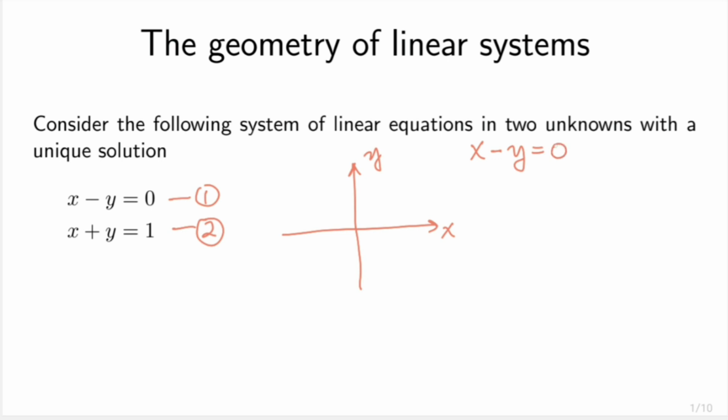If x minus y equals 0, then x equals y. And we may already know that this is the line y equals x. But if we don't know that, we can plot 2 points on the line, and then join them with a line.